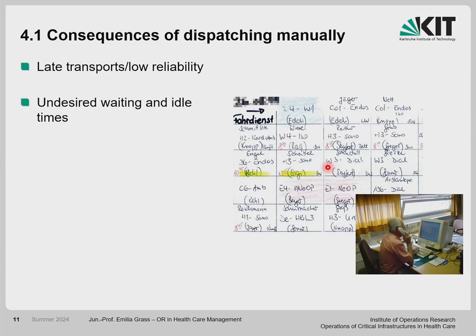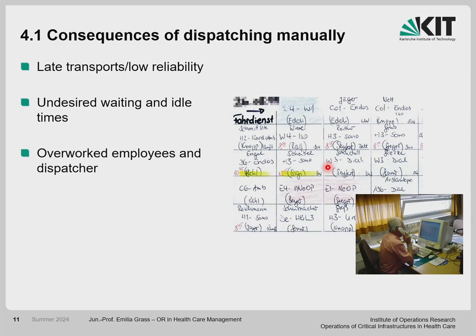Of course, we have undesired waiting times and idle times. Patients have to wait on one hand, and the transportation team also has to wait, so there are some kinds of idle times. And what could often be observed is that we have overworked employees and dispatchers, because often dispatchers prefer particular staff members. They can communicate better, they're on time, they're reliable, whatever.